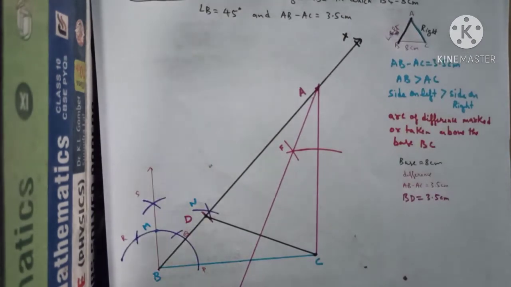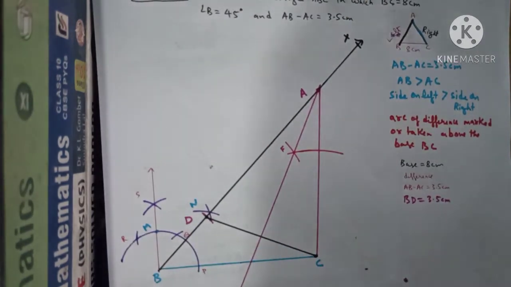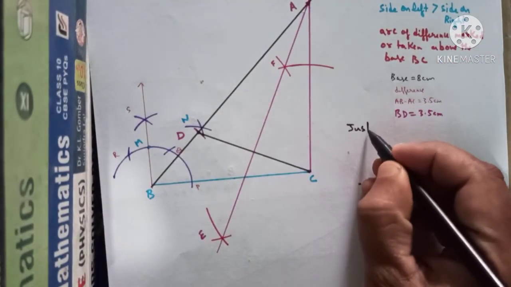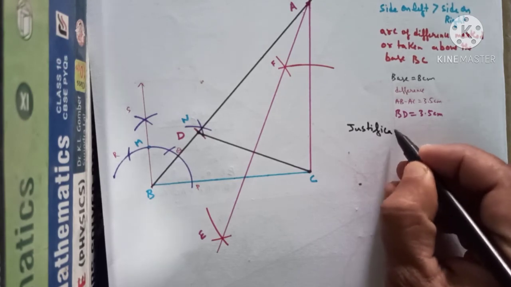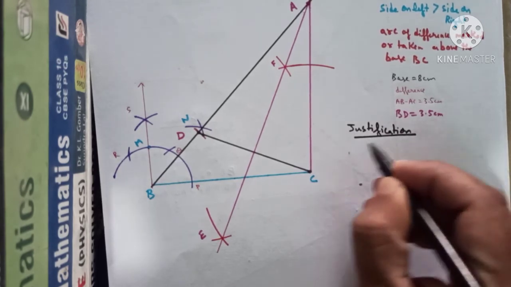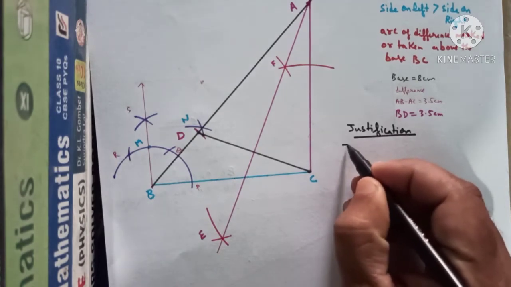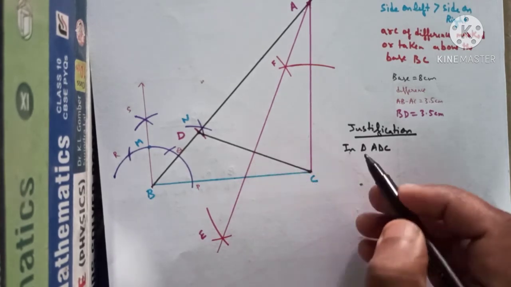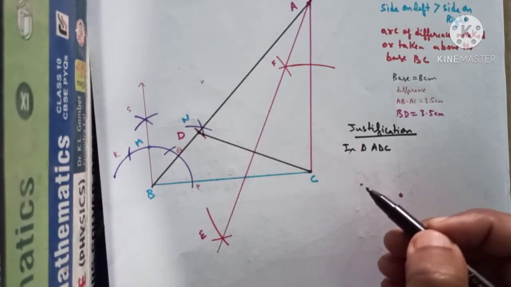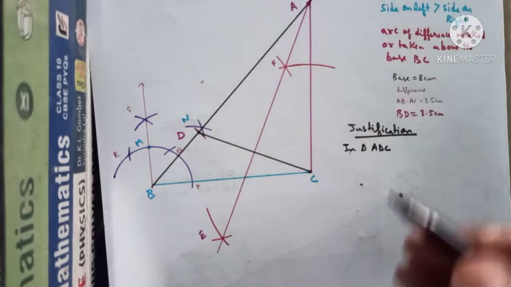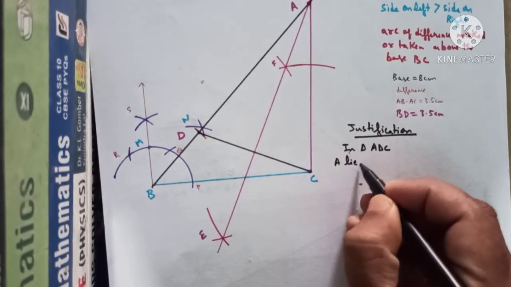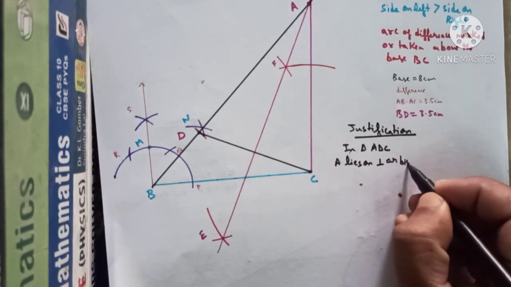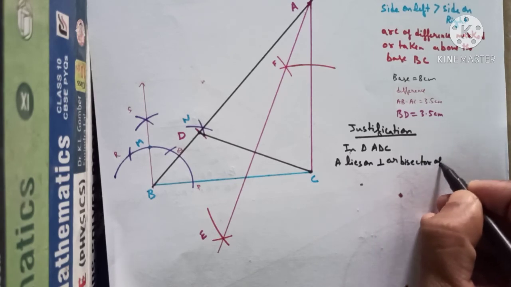Okay, now we will have a look at the justification of this. In a similar manner we can justify this also. In triangle ADC, point A lies on the perpendicular bisector EF of CD.